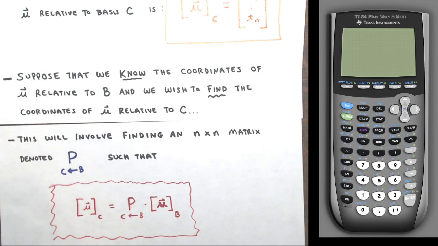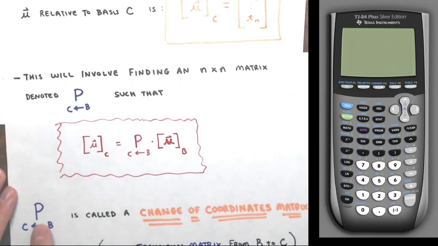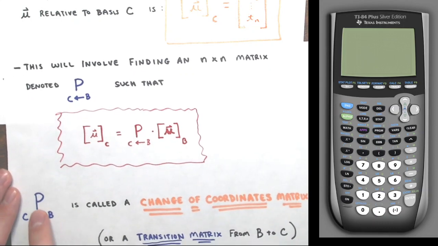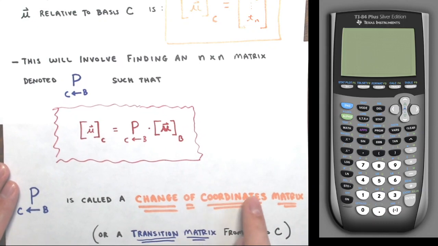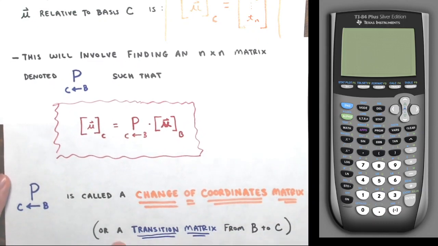Right? And this notation here, this P where I'm transitioning from coordinates relative to basis B to coordinates relative to C. All right, this P with the B arrow C here is called a change of coordinates matrix from B to C, or a transition matrix from B to C.